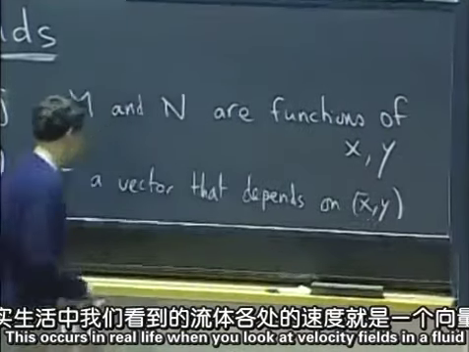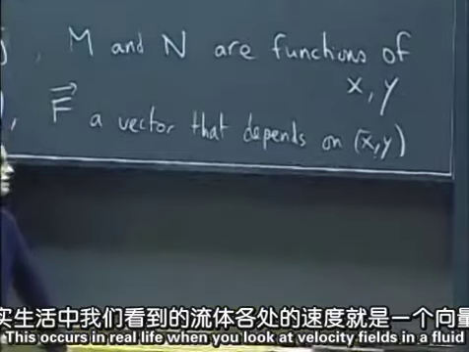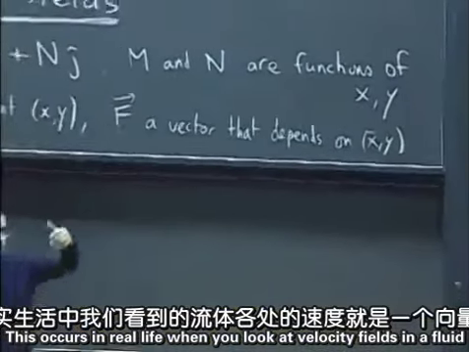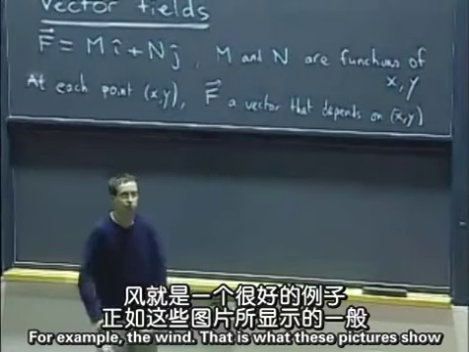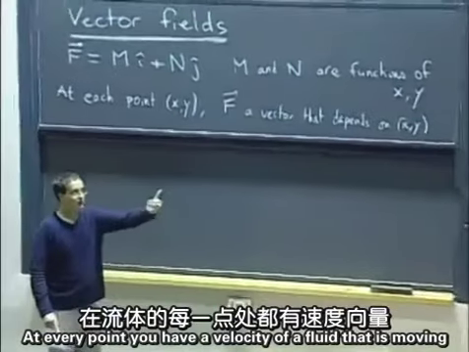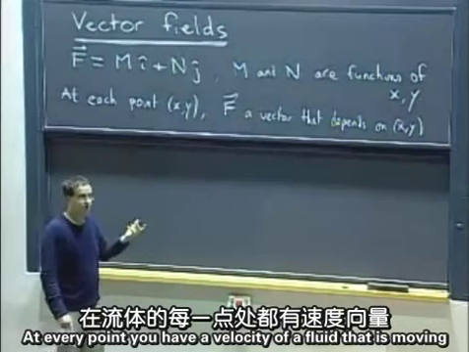So this occurs in real life when you look at velocity fields in a fluid. For example, the wind, that's what these pictures show. At every point you have a velocity of a fluid that's moving.